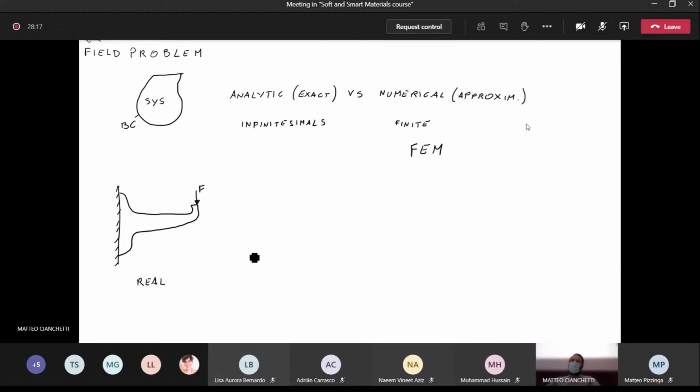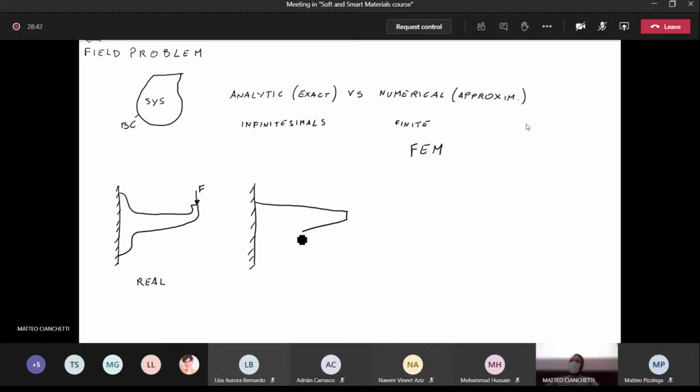You can approach the problem with an analytical model, of course, by approximating this, let's say, complex structure with a simplified one, losing, of course, some of the features, but still maintaining maybe some of the features that you are more interested in.